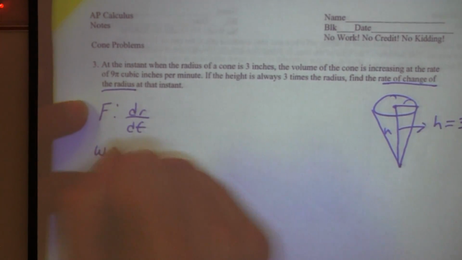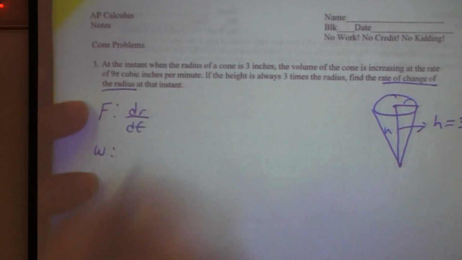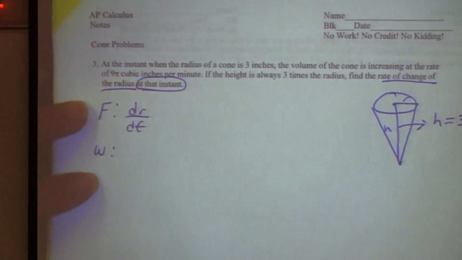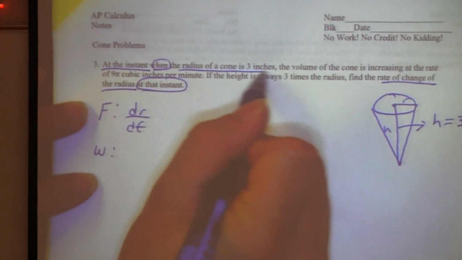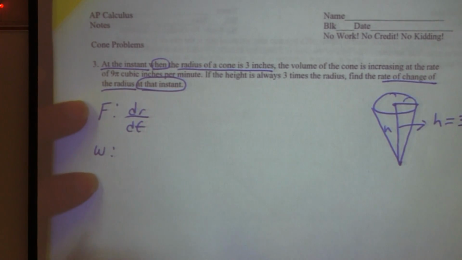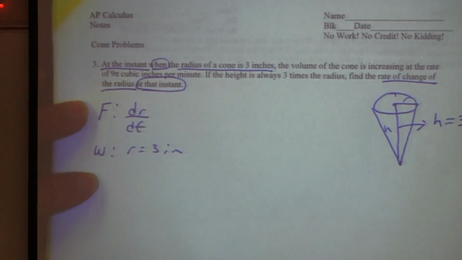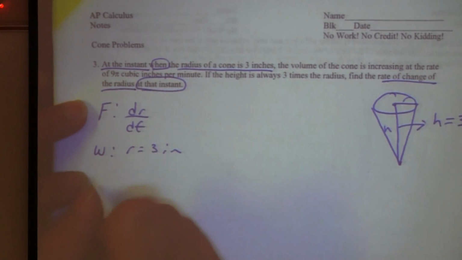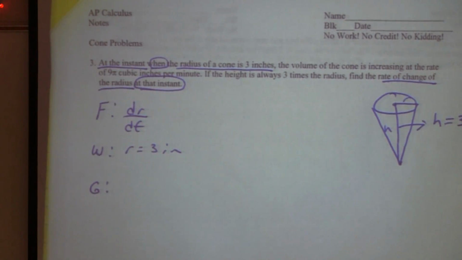Okay, so when do we want dr/dt? They said they wanted it at that instant. What is that instant? At the instant when the radius is 3, right? So r has to equal 3 inches. So far so good? Given, what are they giving us?